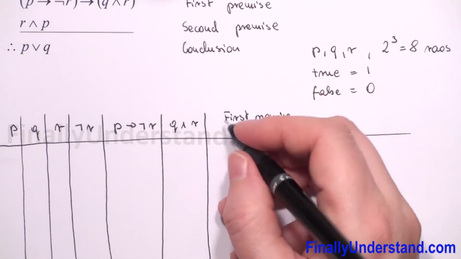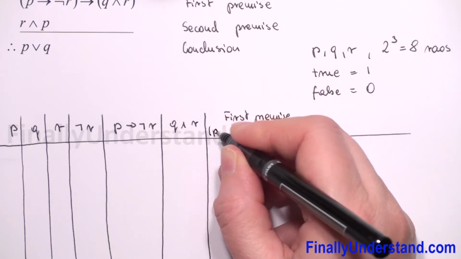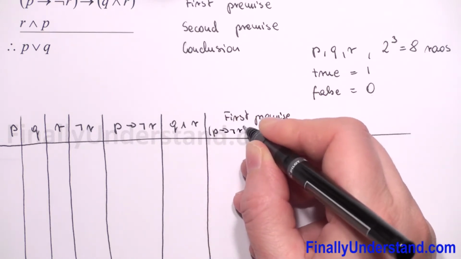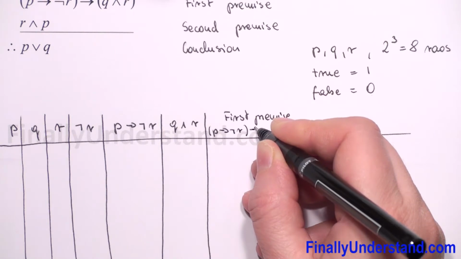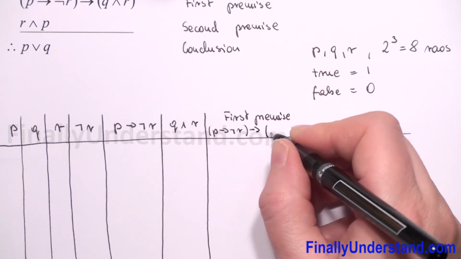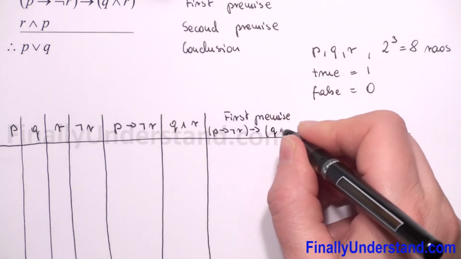The first premise is P implies not R, implies, and in parentheses we have Q and R.